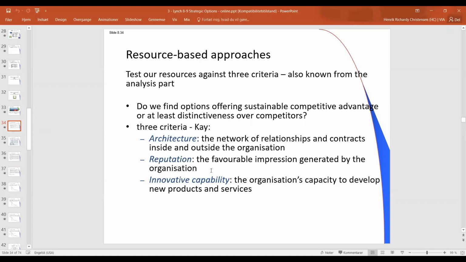But it is something that is belonging to the company because it is the company's reputation. So in this case, it is a resource because it's an intangible resource. And then he also suggested to look into innovative capabilities.